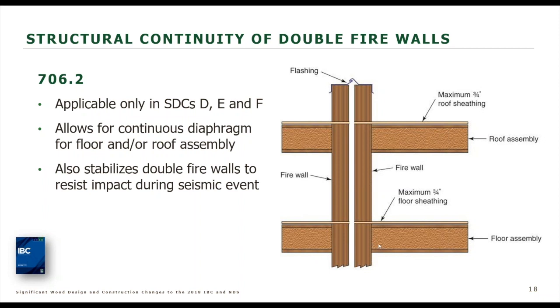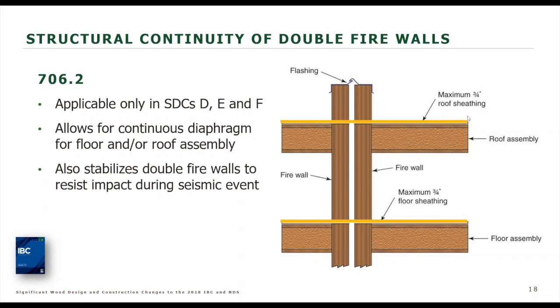And so during the code change process, AWC was involved in introducing a code change to allow that diaphragm to go through. And so we tried to get it for high wind areas also, but what was passed is in seismic design categories D, E, and F, we now are allowed to have that diaphragm go continuous through the building or through those firewalls.